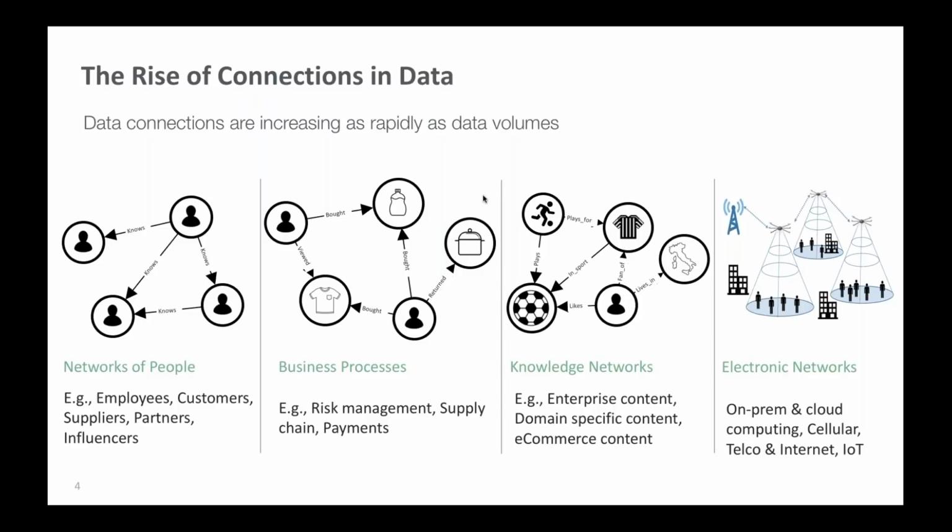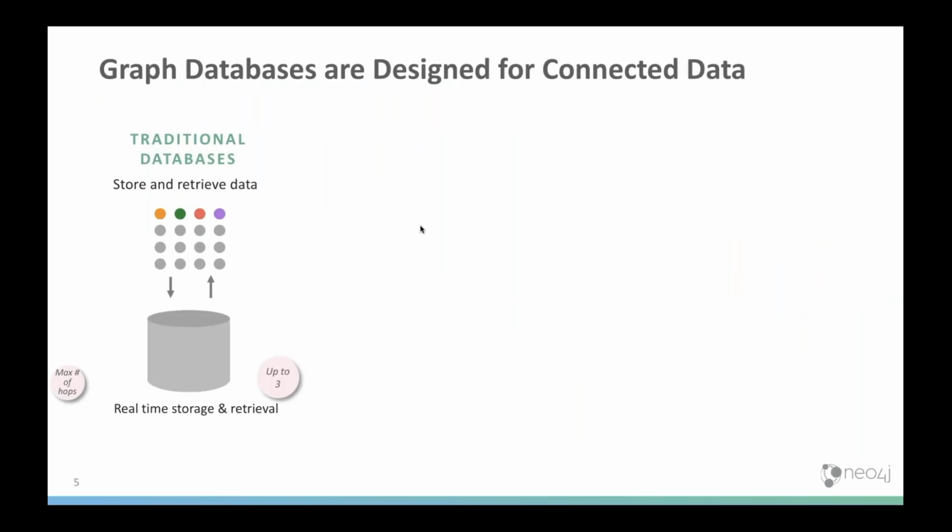So from this slide, just take away the idea that the proliferation of data also leads to a proliferation of connections between data, and Neo4j is a tool that helps you to deal with that. So we're talking about those connections between data. So Neo4j is designed for dealing with that connected data.